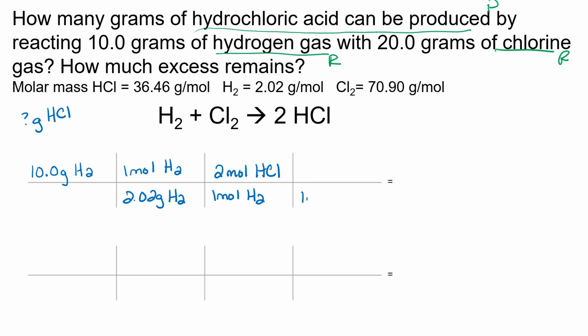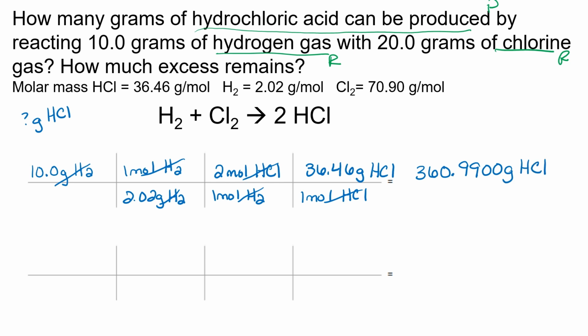And for every 1 mole of hydrochloric acid, I have 36.46 grams of hydrochloric acid. I'm going to make sure everything cancels, which it does. And this gives me 360.9900 grams of hydrochloric acid.